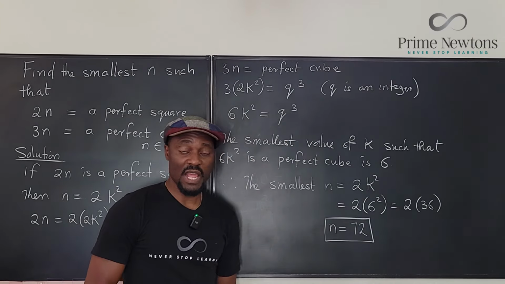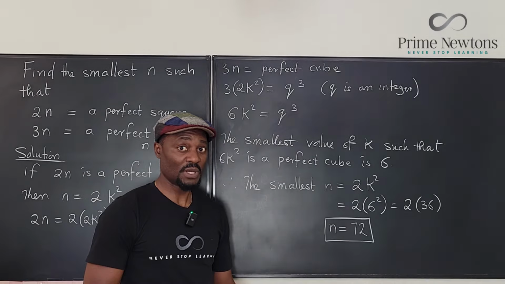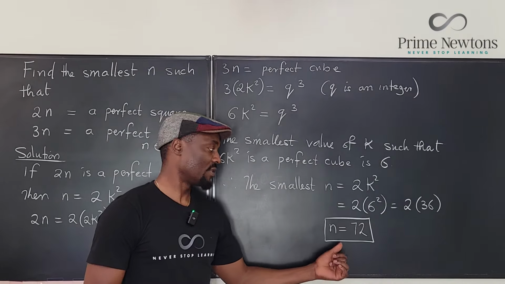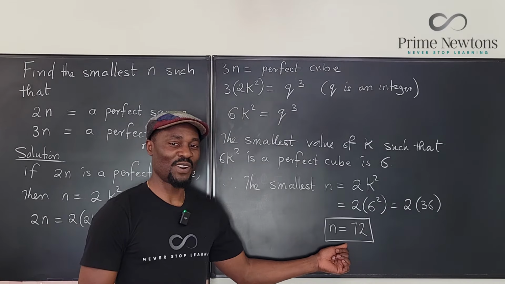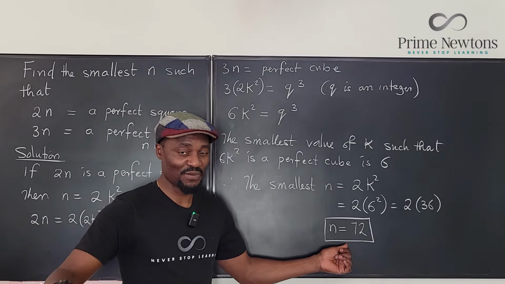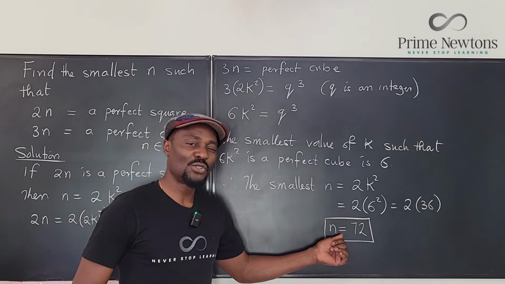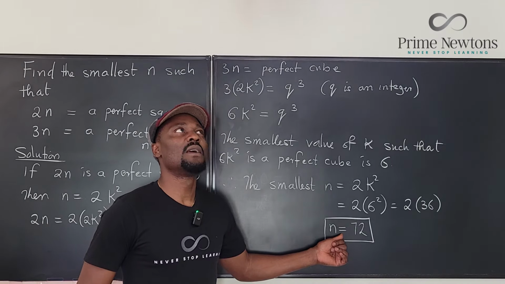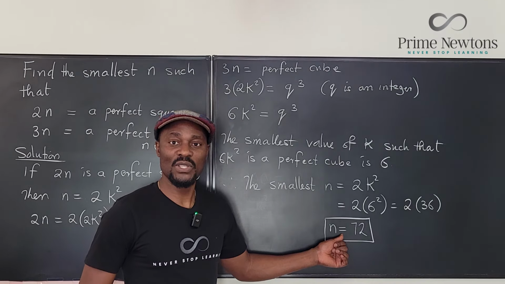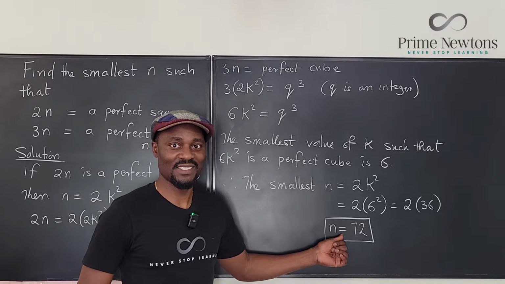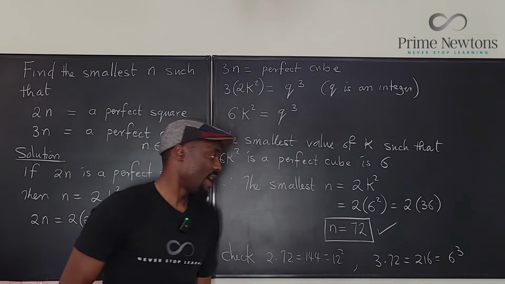So that's the smallest natural number such that when you double it, it's a perfect square. Well, what's double 72? 144. 144, everybody knows 144 to be a perfect square. Okay, 12 times 12. And if we triple it, it's going to be 216, which is 6 times 6 times 6. So this is the correct answer.